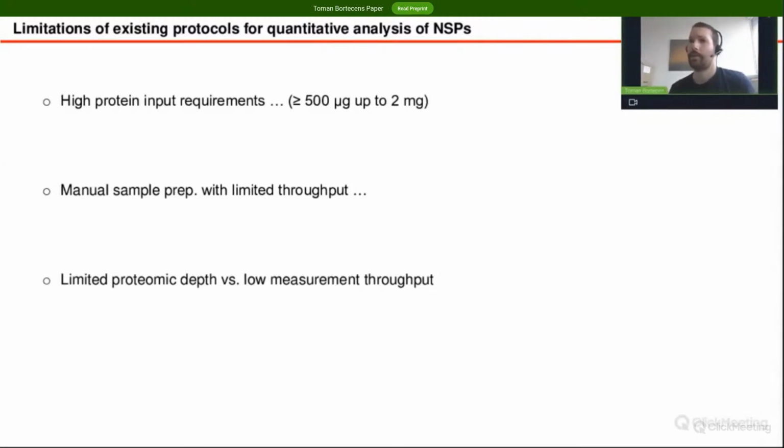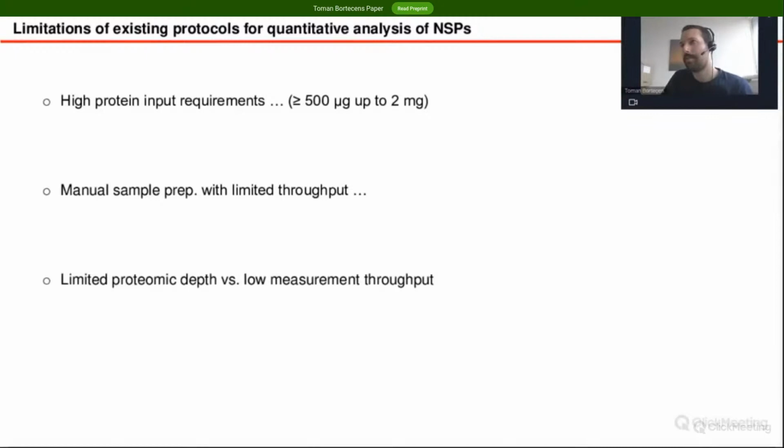Also, there's another issue that usually arises with the analysis of these enriched samples, and that is that they conventionally make use of mass spectrometry acquisition methods that require either the use of offline fractionation or long LC gradients, which really extend the measurement time needed to obtain deep or relatively deep proteome coverage, which additionally limits the throughput of such analyses.